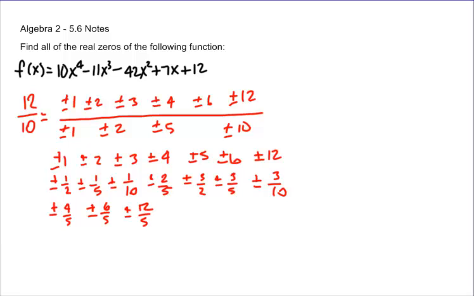I think that's all of them. We have to check all of these, and if there's a rational root, it'll be one of these.